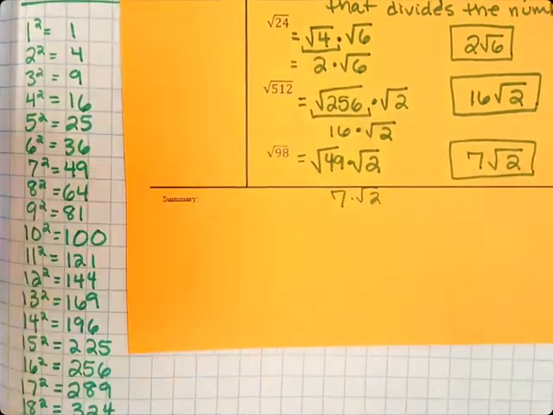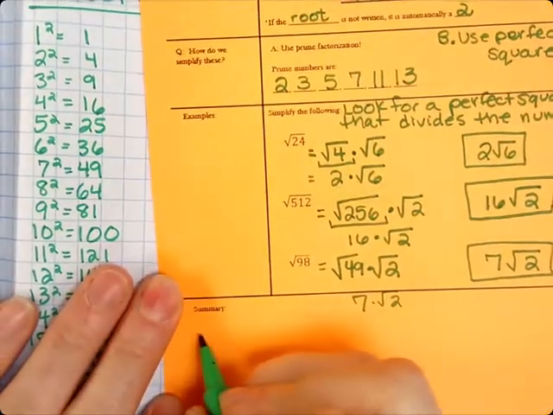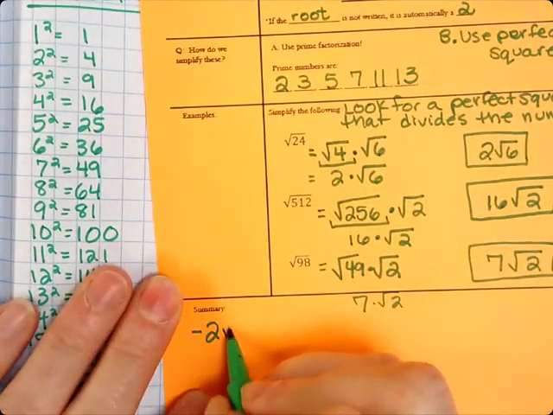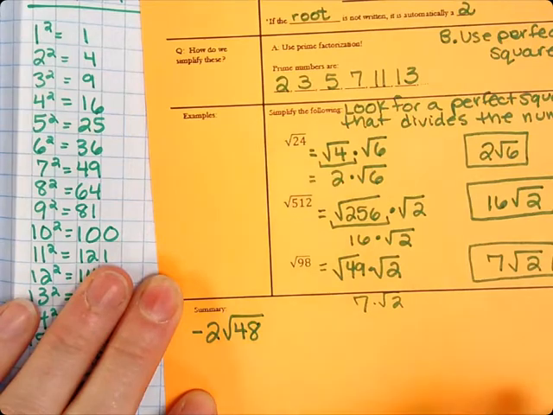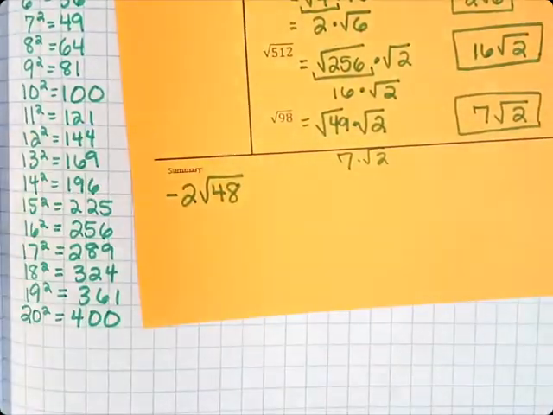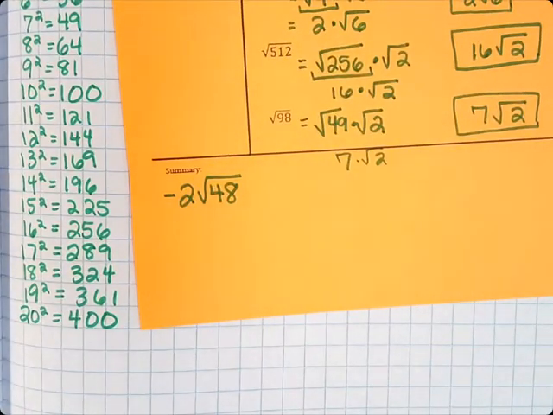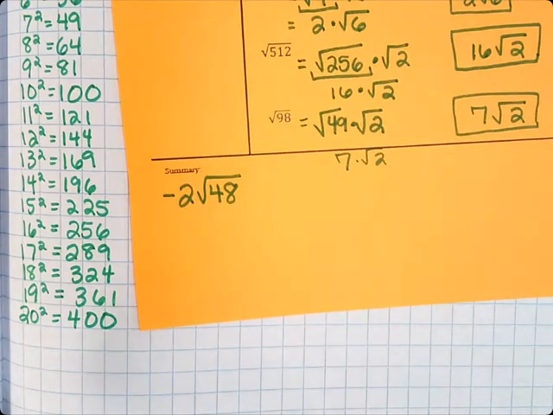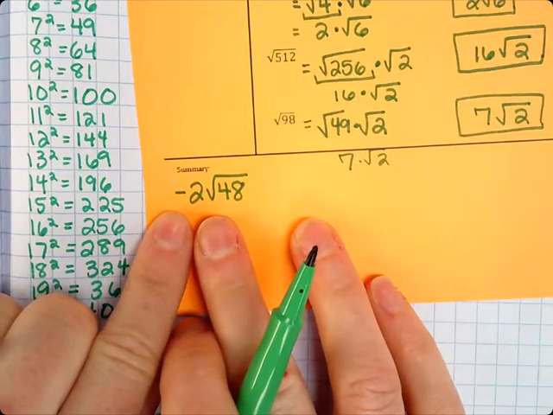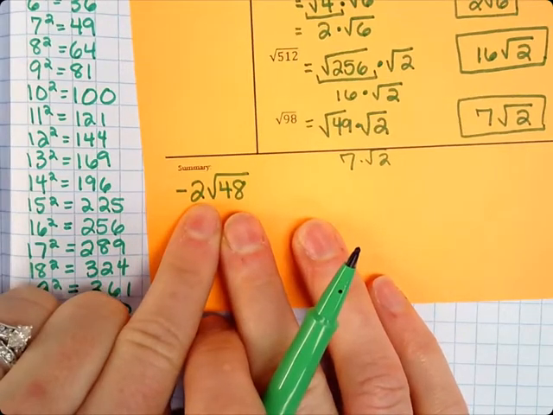Okay, let's do another one down here. -2 square root of 48. I'm changing it up a little bit. We need to simplify that. We're going to leave the -2 just out front. We're going to focus on the 48.